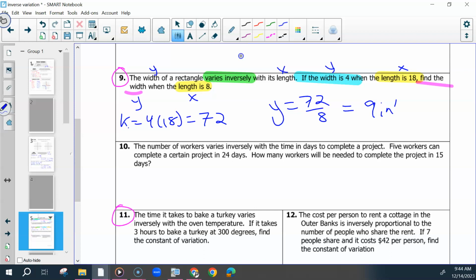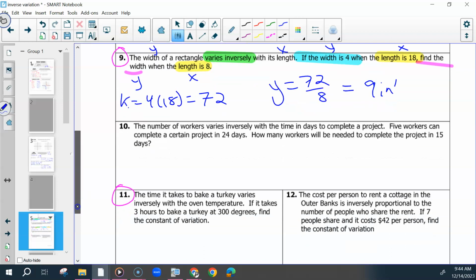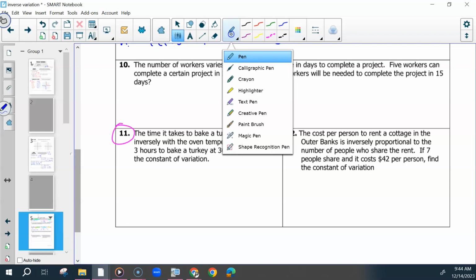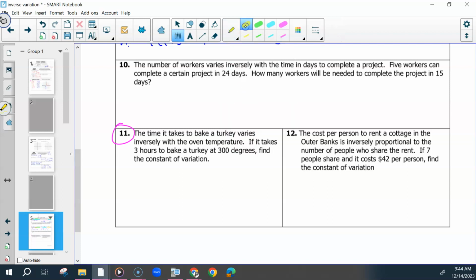Alright, let's do 11 and then we're done for today. The time it takes to bake a turkey varies inversely with the oven temperature. It takes 3 hours to bake a turkey at 300 degrees. Find the constant of variation. What's important? It varies inversely. What else? 3 hours. 300 degrees.